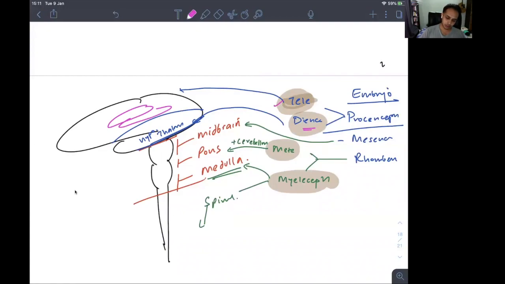In the diencephalon, you have the third ventricle. In the midbrain, you have the cerebral aqueduct, and in the pons, you have the fourth ventricle. And then in the spinal cord, you have the central canal. In the medulla also, you have the central canal. So this is the rough neuroanatomy and the overall structure of the brainstem.